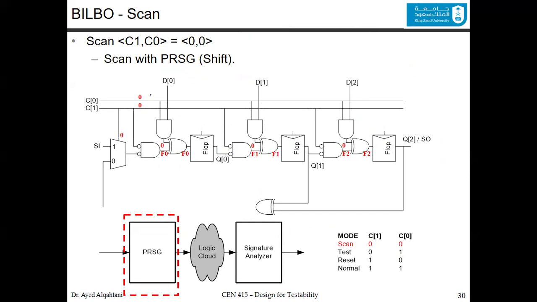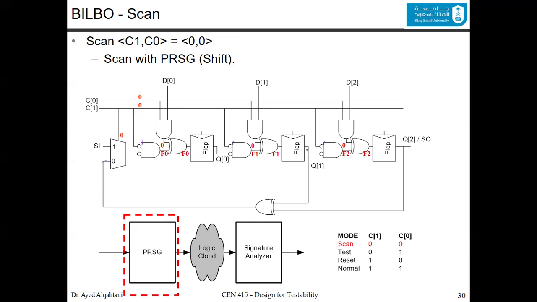In the scan, notice that you have a 0 here and a 0 here. The only change is this 0 here. And because the value here is 0, after the bubble, it will be 1. Similarly here and here. And the value will be whatever value you have. Also, you have a 0 here, and the 0 will choose the feedback.